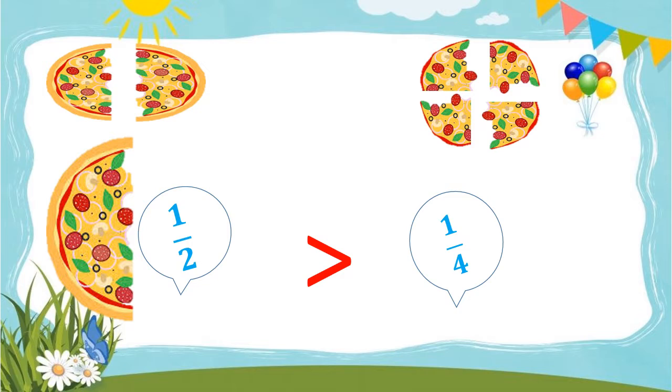Okay, excellent. A half of the pizza is greater than a quarter of the pizza. We are comparing between two fractions. We see that half is greater than quarter. Come with me to see more examples. Let's go.